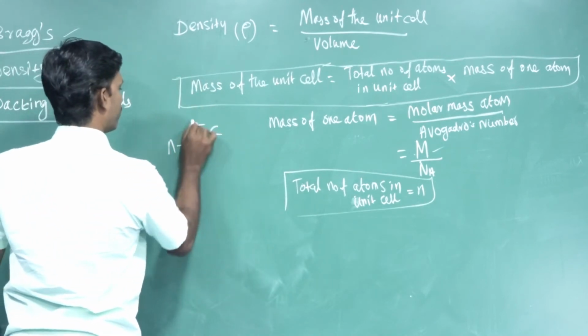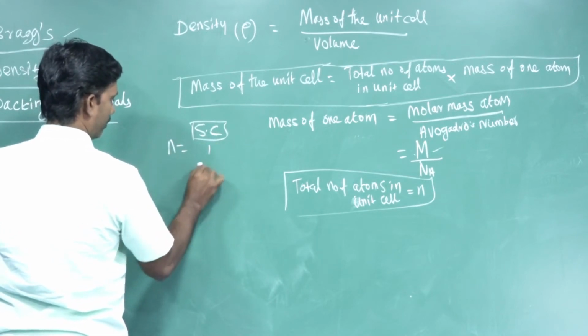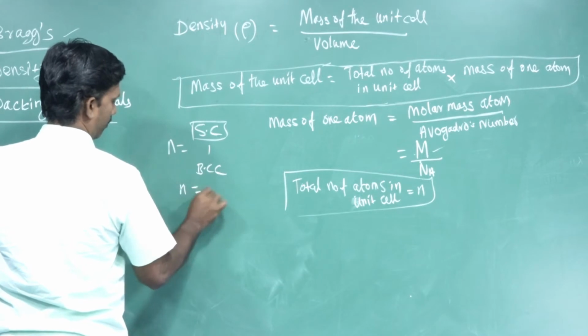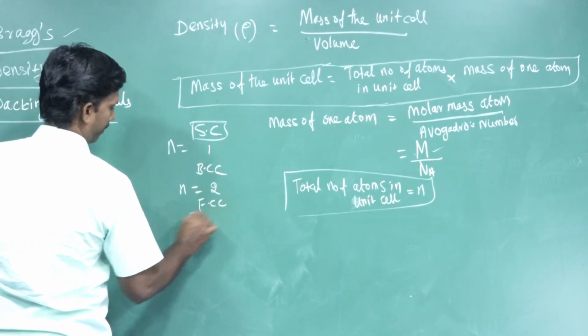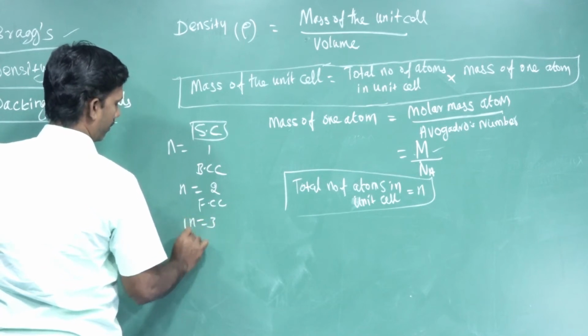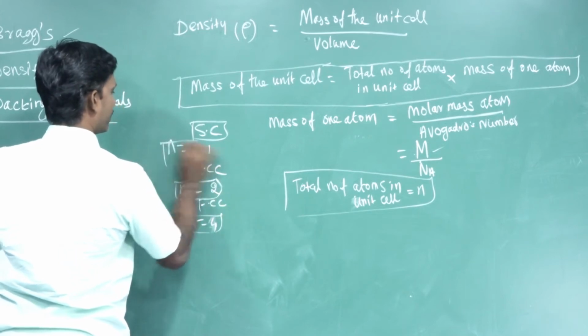It will vary. For simple cubic, N equals 1. For a BCC, N equals 2. For FCC, N equals 4. That already you have studied in the previous class.